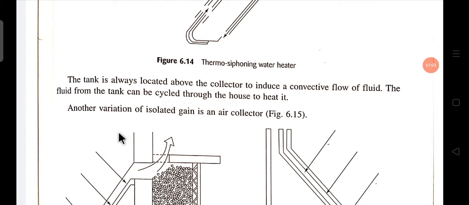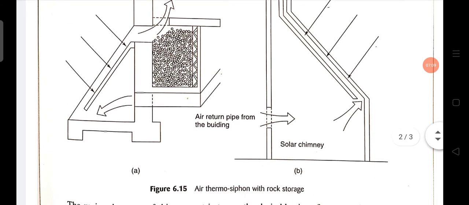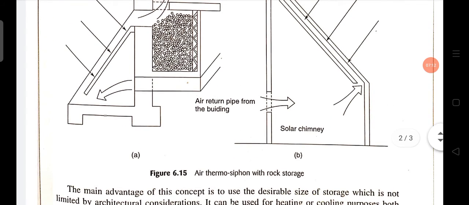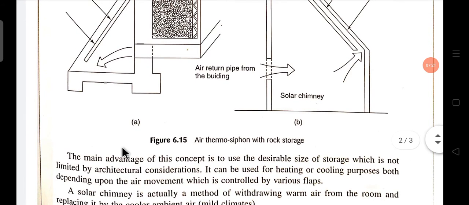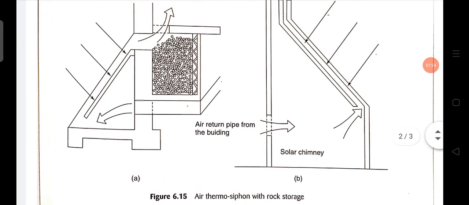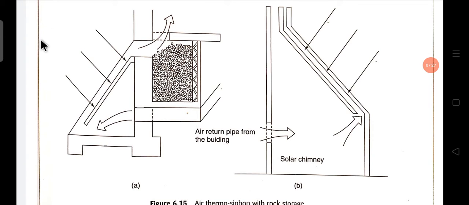Another variant of isolated gain is an air collector. Here is an example of an air collector. Here, the solar radiation falls on the collector, and the air comes in through the air intake from here.